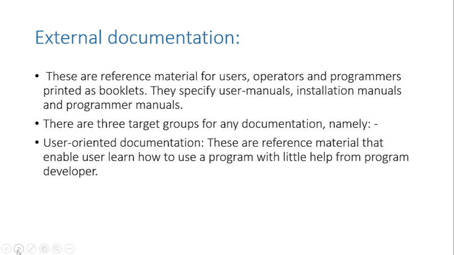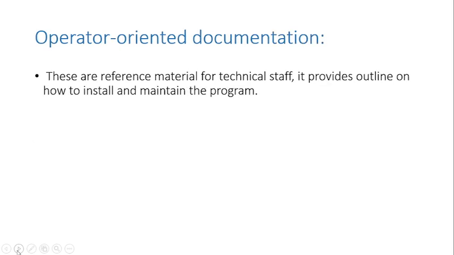There are 3 target groups for any documentation. These groups include user-oriented documentation. These are reference materials that enable the user to learn how to use the program with little help from the program developer.